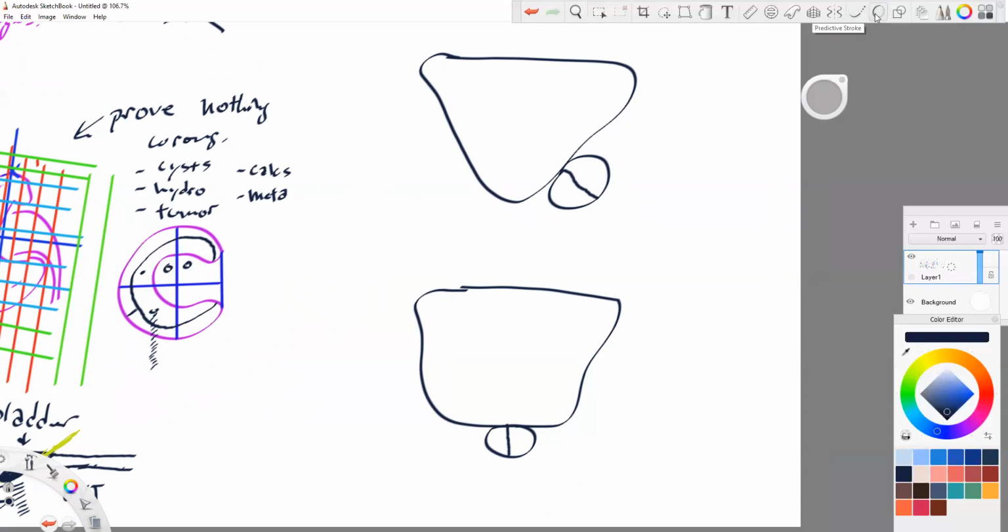A prostate should be not bigger than about 26 cc. So you could, just like you do with a bladder volume, you can do a volume here. Let's do like we want to go across there. We'll go from here to here, and then we need one up and down.